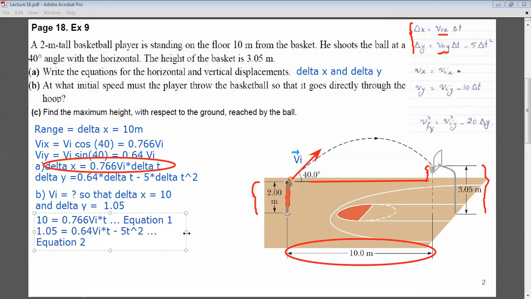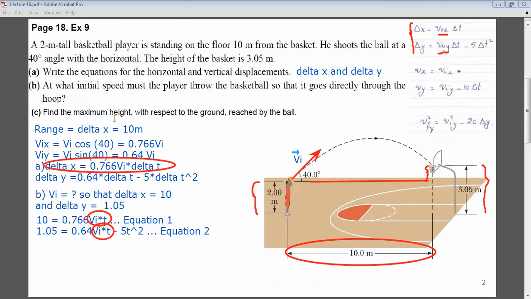How to solve these two equations? These are two equations in two unknowns. How I would solve it is as follows. I see that here I have v initial t, and here I have v initial t.